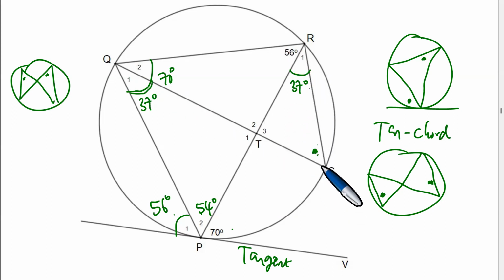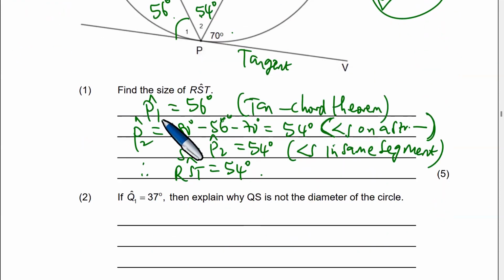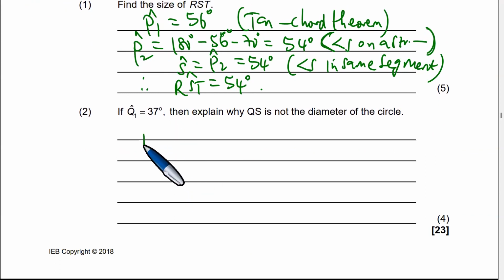If QS is the diameter, it must be 90, but this is not 90. So we then say that angle R1 is equal to 37 degrees because these are angles in the same segment.